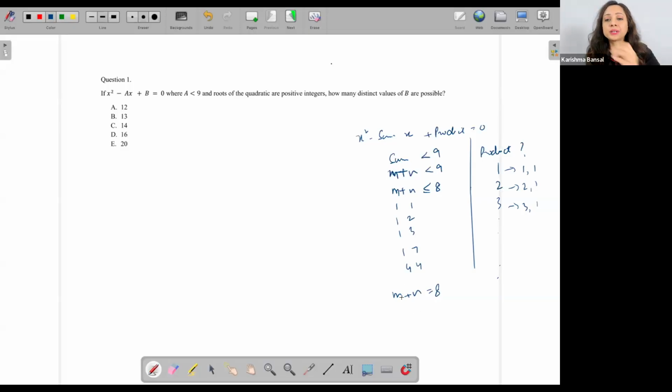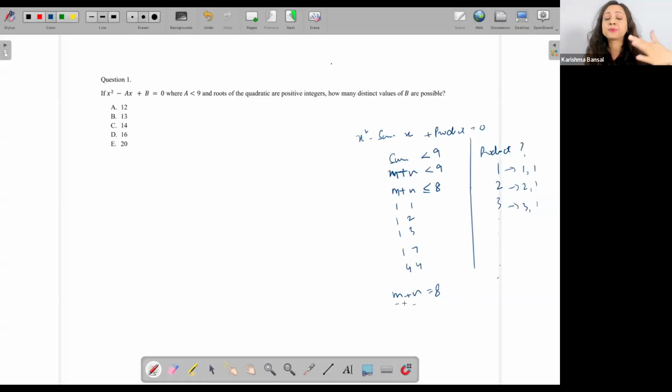And this is very important to remember: if my sum is 8, the maximum product will happen when both M and N are equal. The point where the variables are equal is a point of transition, so whenever something like this happens, we should check what happens when both M and N are equal. It's a rule of thumb, and it helps us arrive at the answer in many cases.